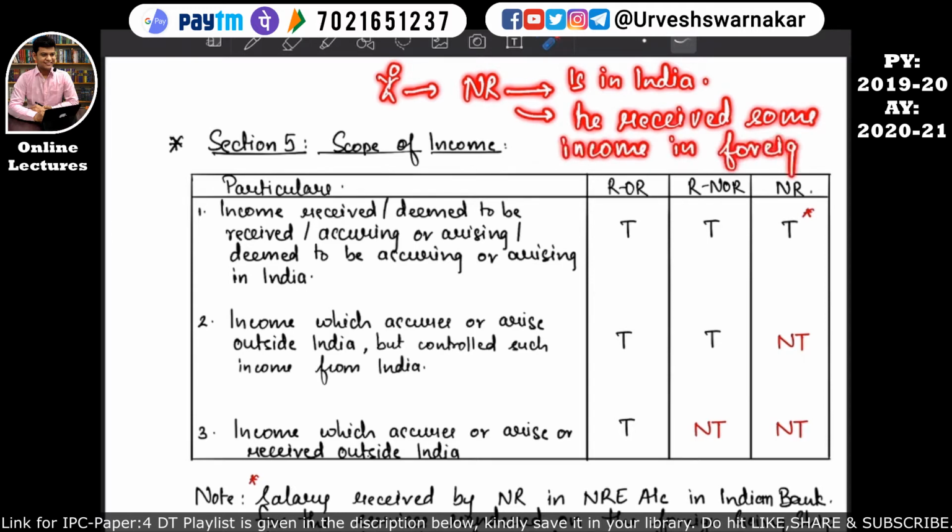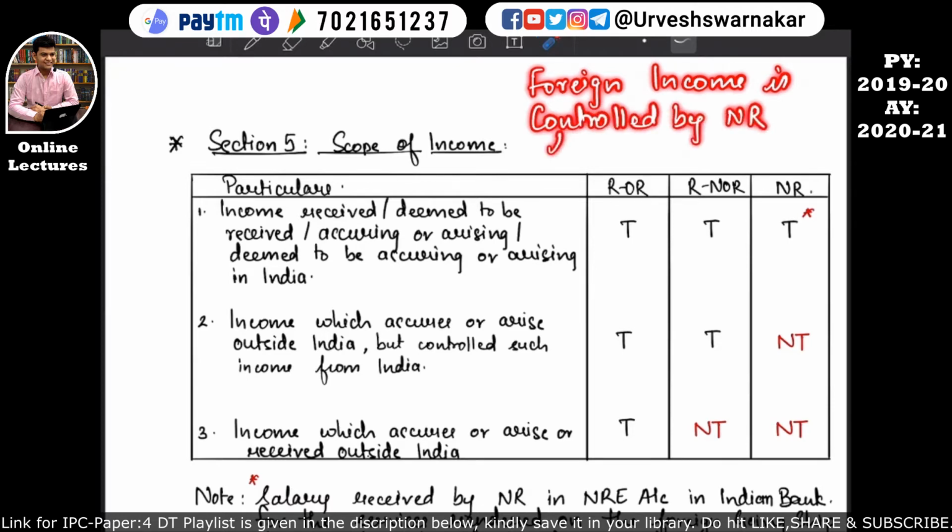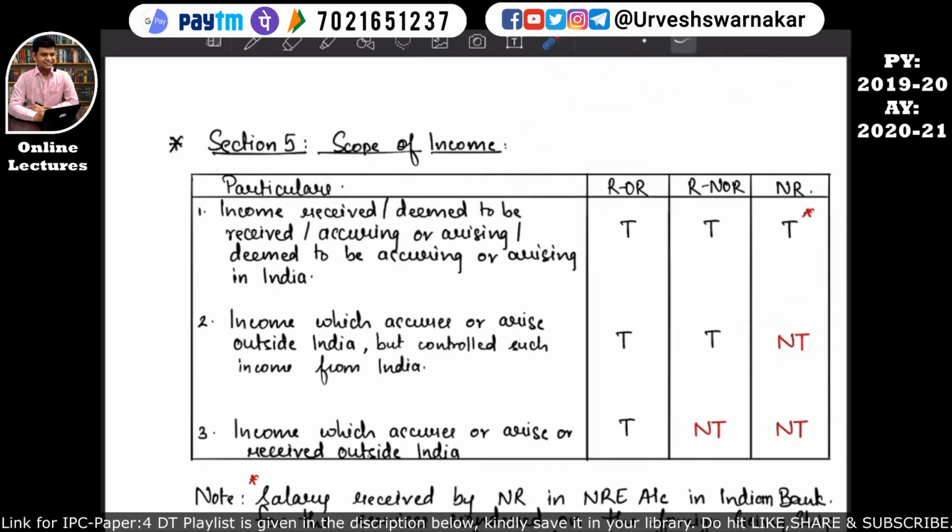But when he received this income in foreign, he was controlling such income. This non-resident was controlling this foreign income from India. So if such foreign income is controlled by a non-resident from India, it will not be taxable in India. Let me give you one more example so that you can understand it in a better manner.